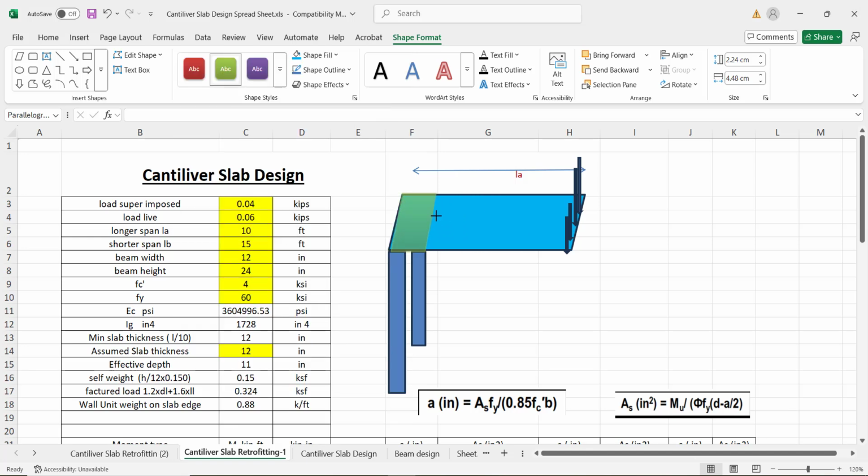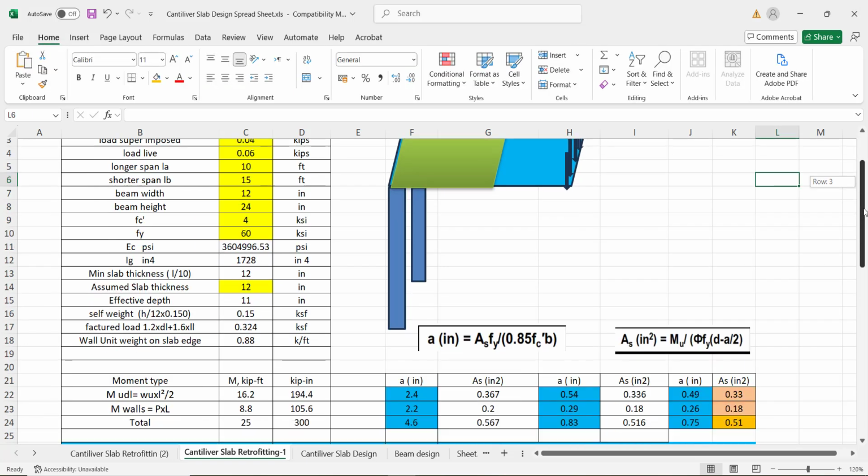Starting from here, the moment decreases, and at the end here it's 0. Here is the maximum, here is the minimum. So we have to provide the main steel on the top here, and at the bottom we need shrinkage or temperature reinforcement for the control of the cracks as well.